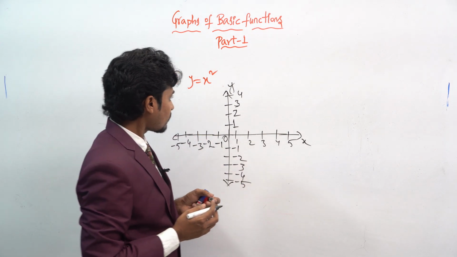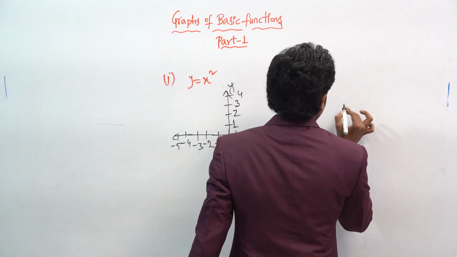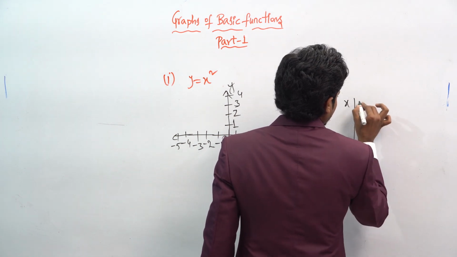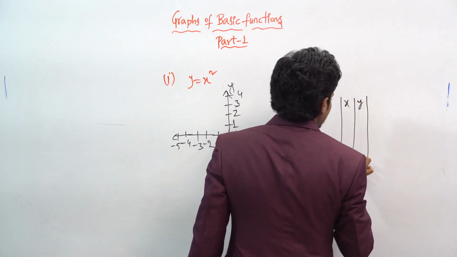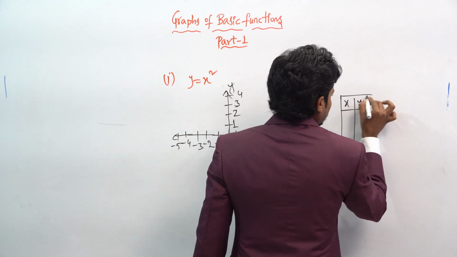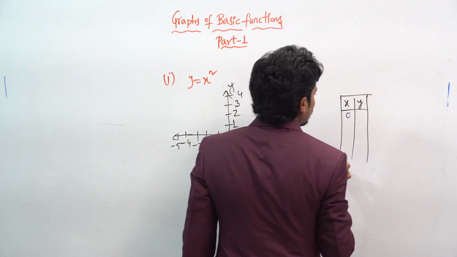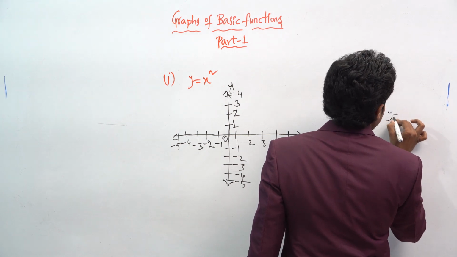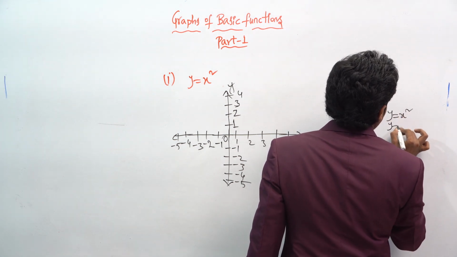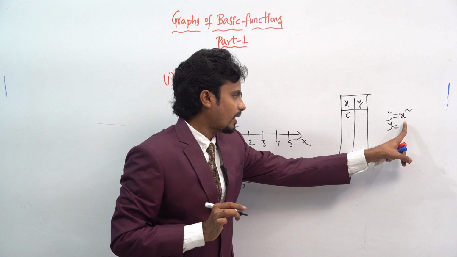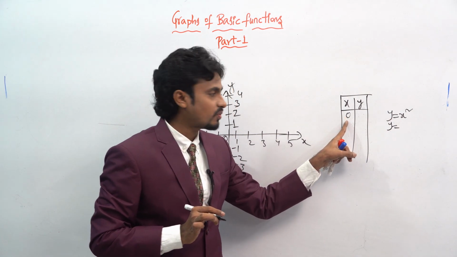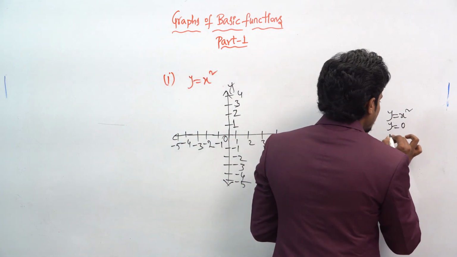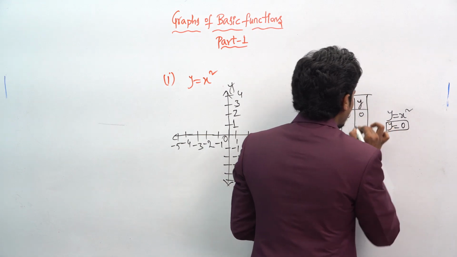So if you take this, the input will be x, next y, here this will be 0. Here you can see what is given: y = x square, right? So in place of x you have to replace x with 0. What will happen? y = 0 square. 0 square means 0.